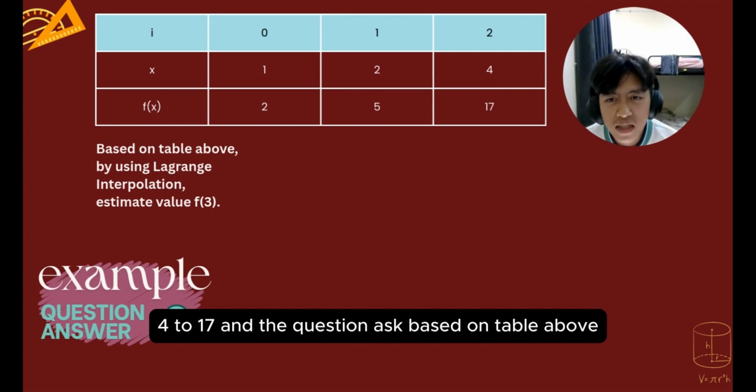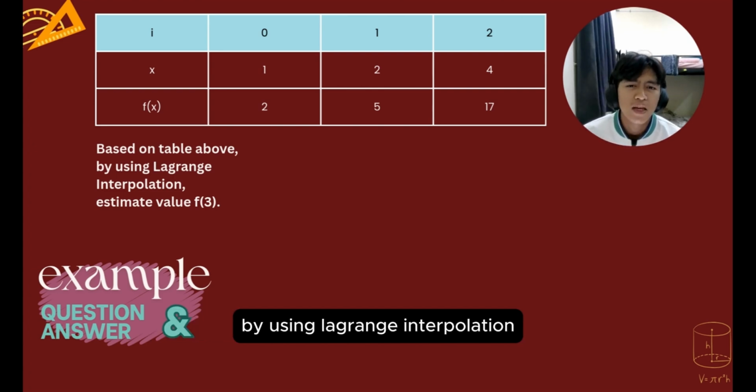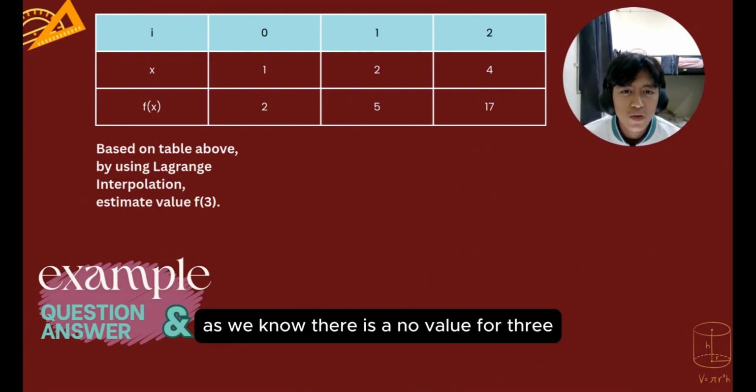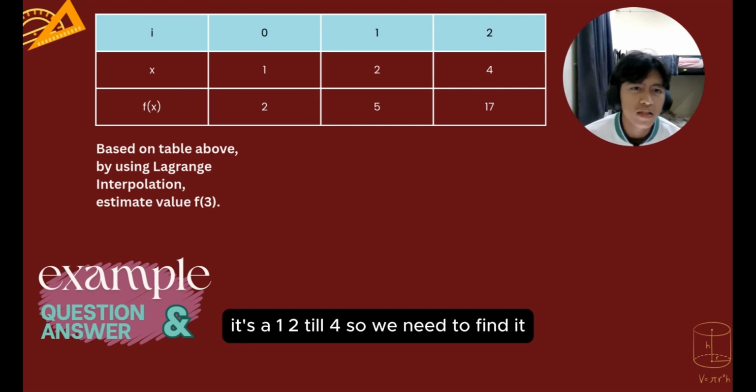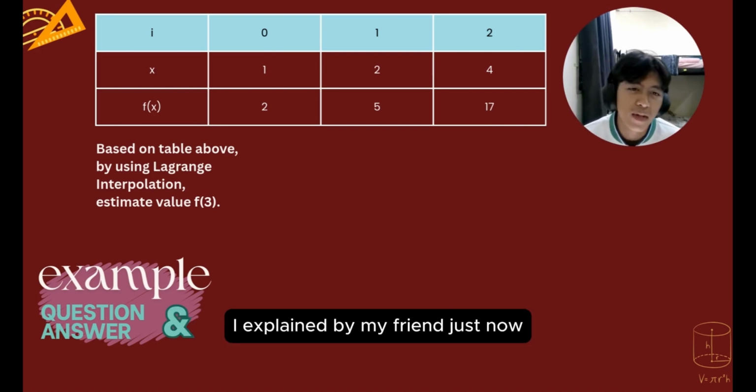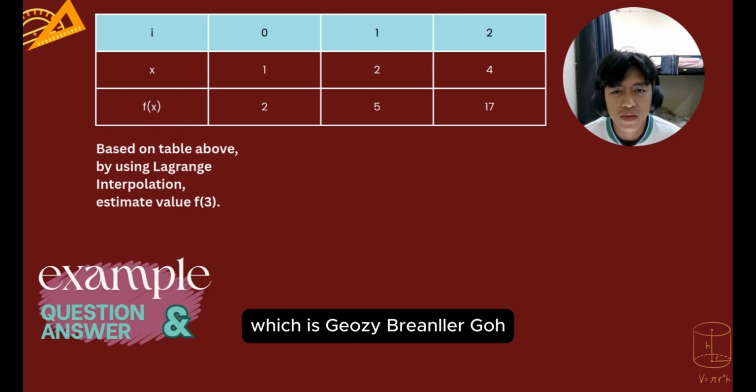The question asks, based on the table above, using Lagrange interpolation, estimate the value of f(3). As we know, there is no value for 3; it's 1, 2 till 4. So we need to find it.